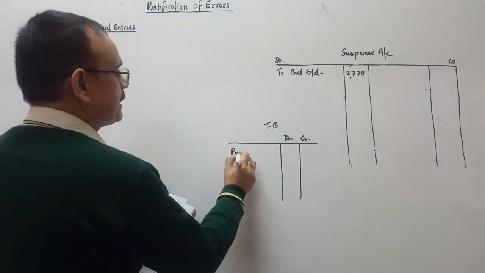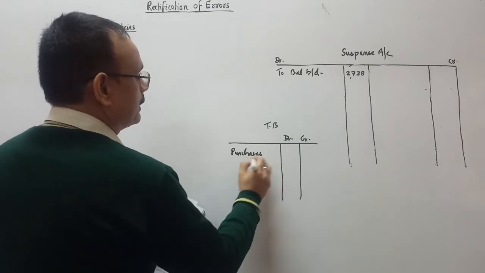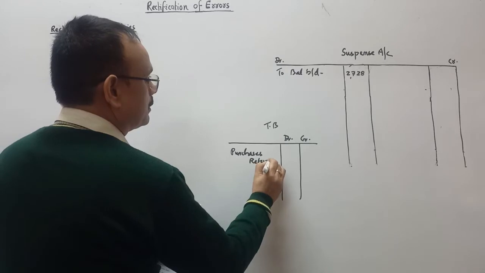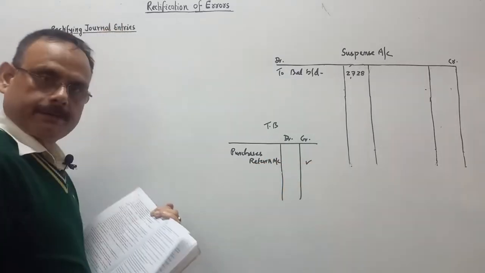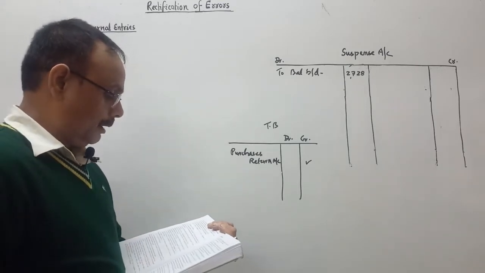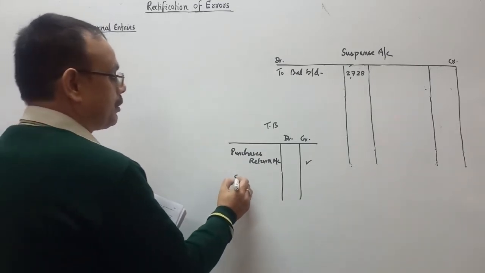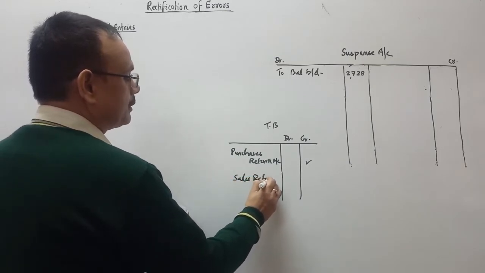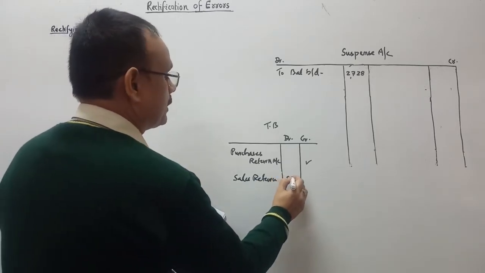Purchase return account, credit side. This should be over here. Instead, it has been wrongly posted to the debit of sales return account.